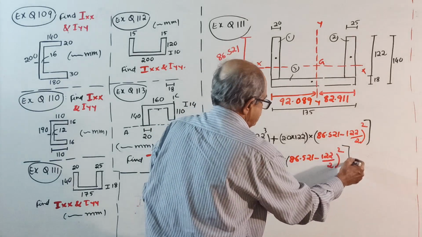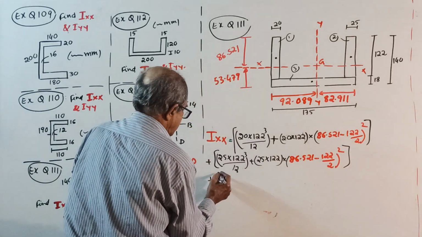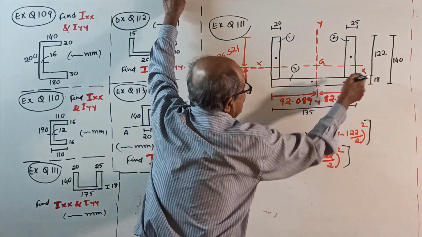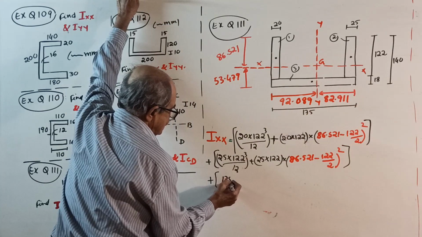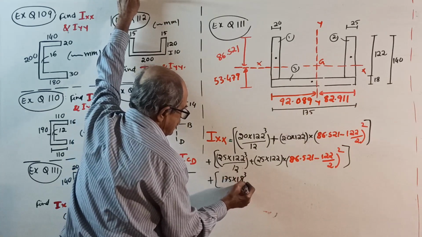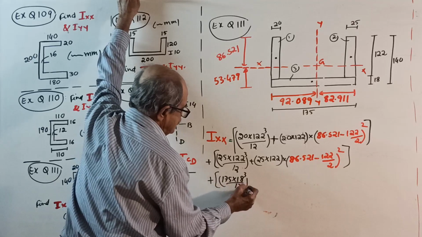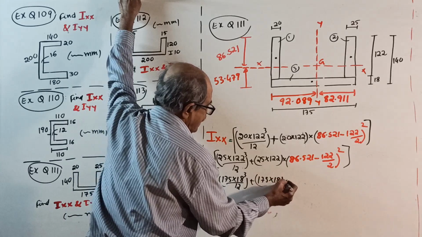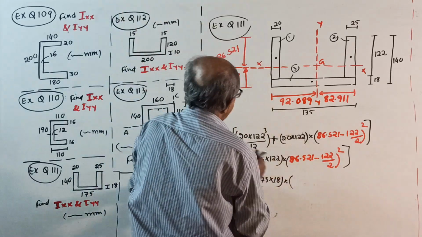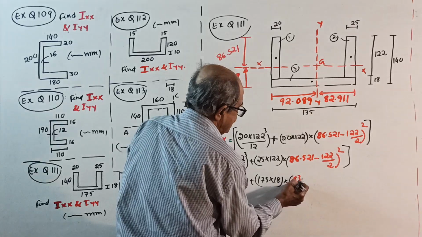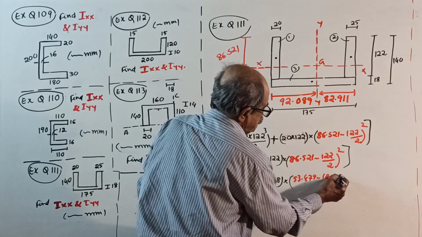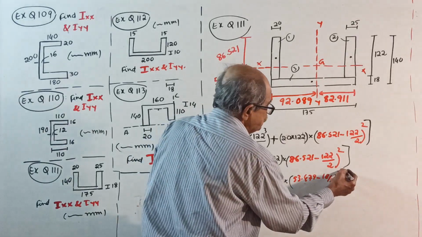Second is over. Last one plus: 175 into 18 cube by 12, plus 175 into 18 is the area, into 53.479 minus (18 by 2) whole square. It should come naturally to the mind.